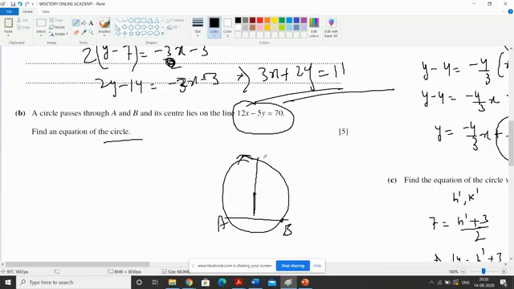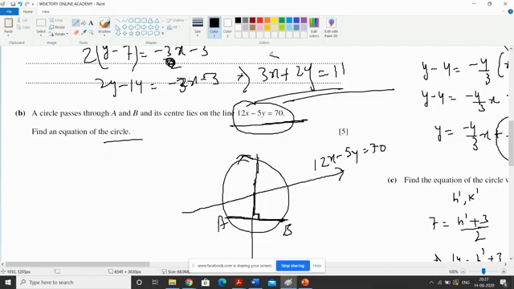So if you want to find the center, it will be the intersection of this line and, let's say, this particular line 12x minus 5y equals 70, which is passing through the center. As we know, the perpendicular bisector of the chord should pass through the center.